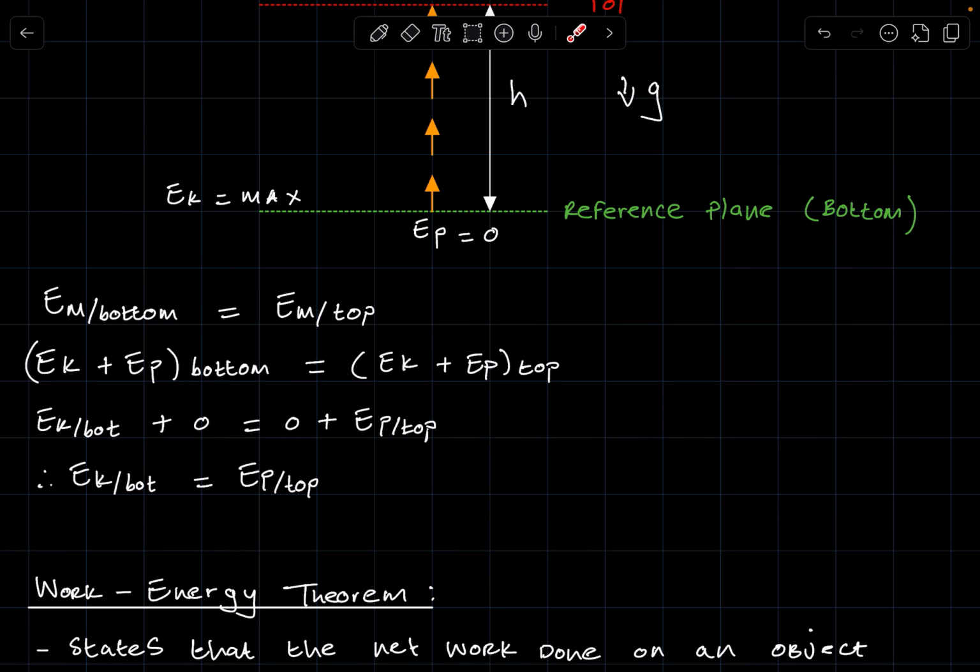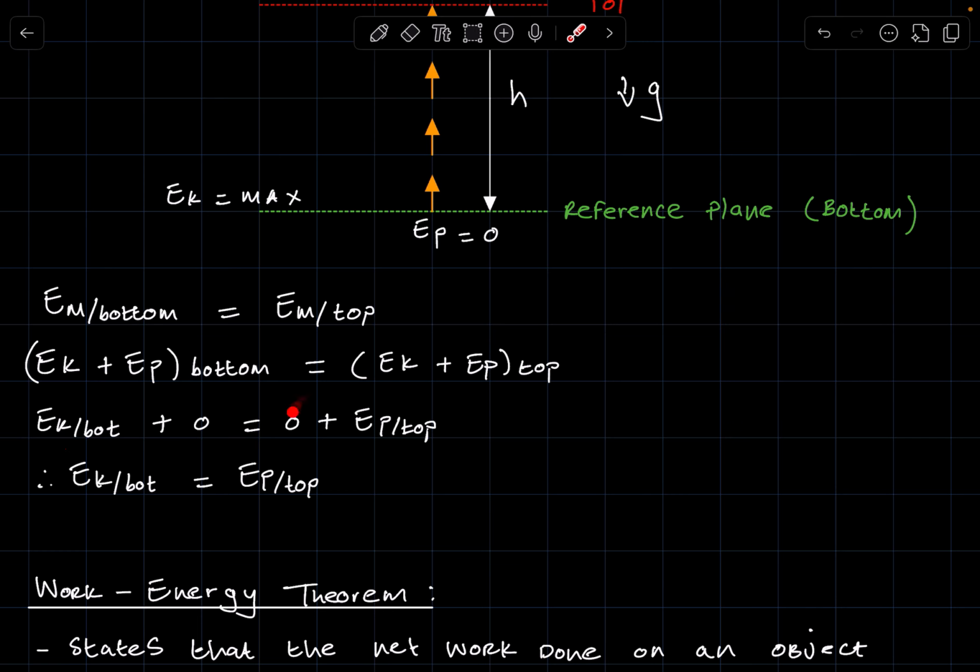The mechanical energy between any 2 points in the object's motion along the vertical plane is equal. Now remember that we had already established that at the bottom, the potential energy is equal to 0. And then the kinetic energy at the bottom is at its maximum, so we do have a magnitude of kinetic energy.